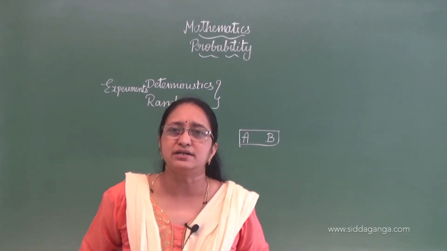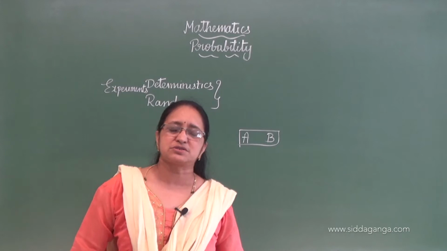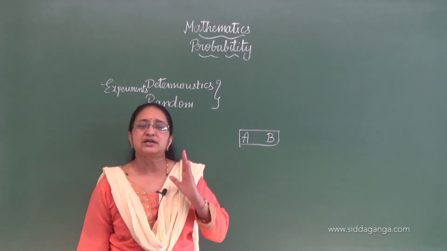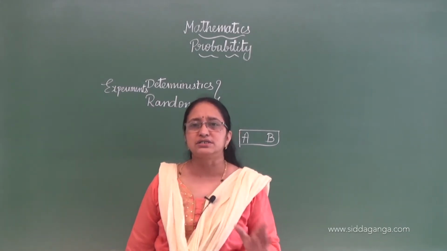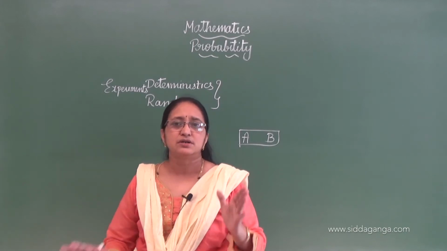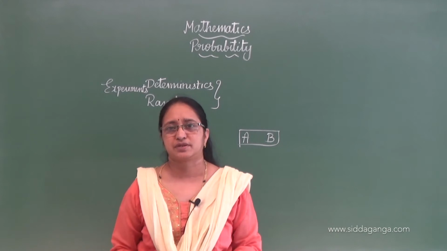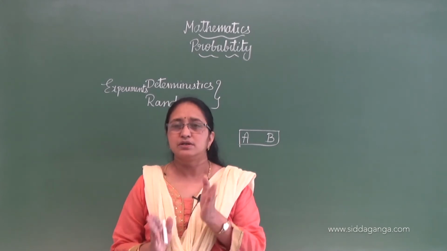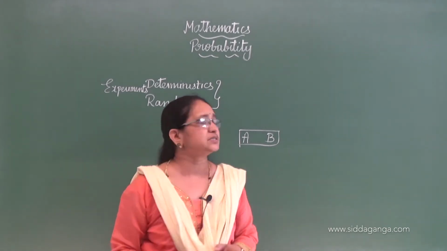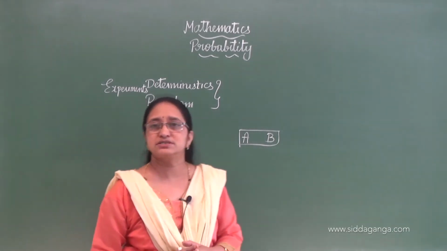Then what about random experiment? Random experiment means we conduct the experiment, but the result of it is unknown, we can't predict what the result will be. I hope you understood the difference between the deterministic and the random experiment.